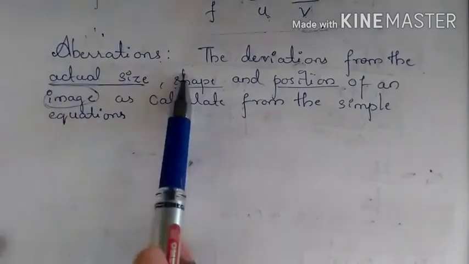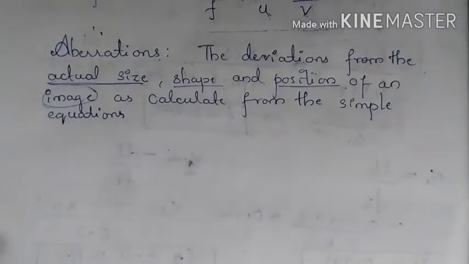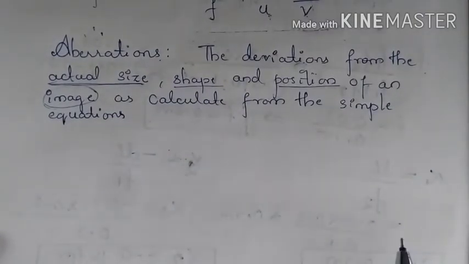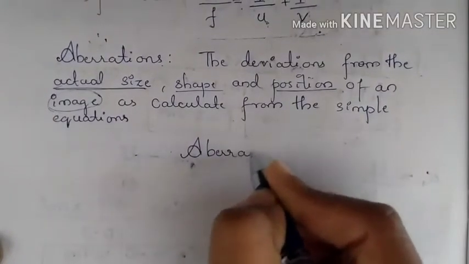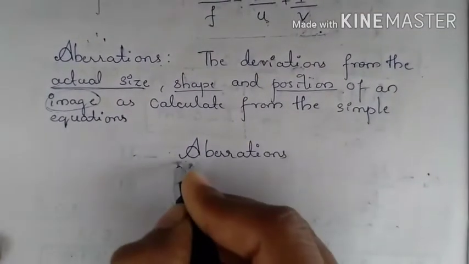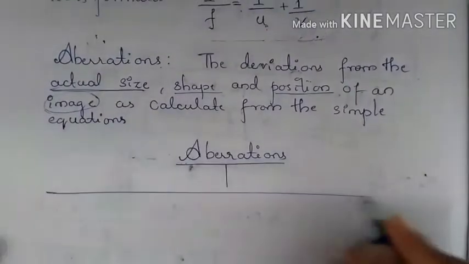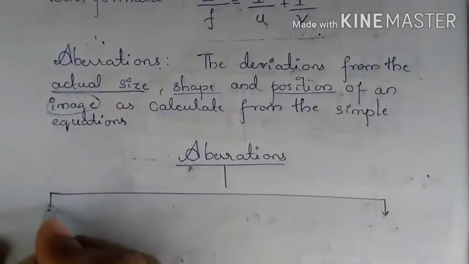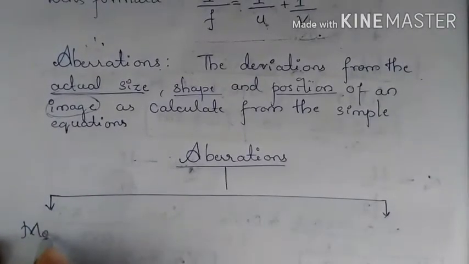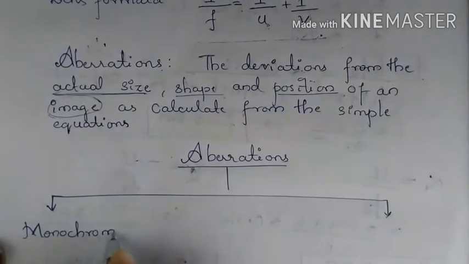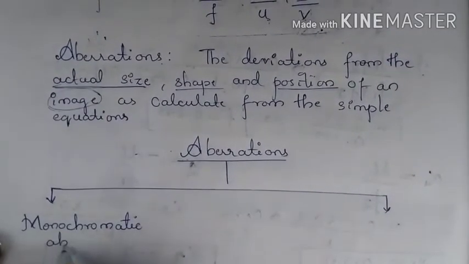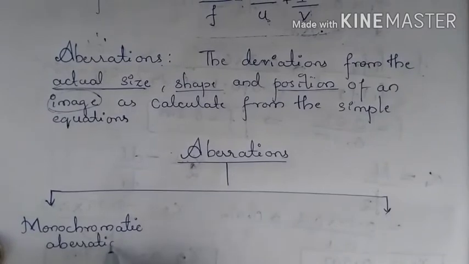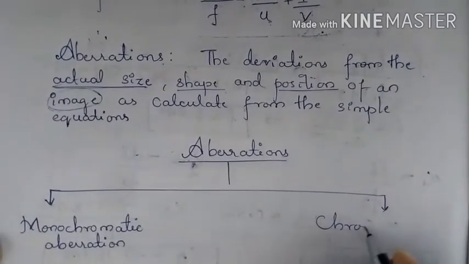Now there are different types of aberrations possible. Basically we have two types: monochromatic aberrations and chromatic aberrations.